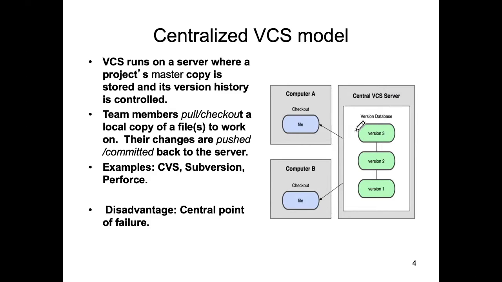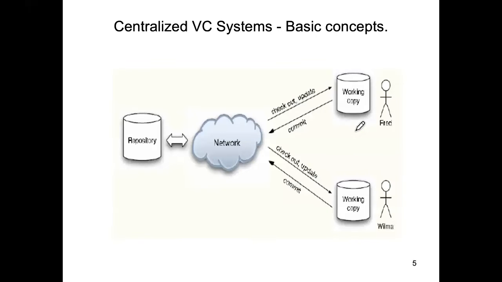Here's another way of visualizing it. Here's our server on the left, which is where our repository is, our central location where all of the files are stored and their changes are tracked. Here we have individual team members.